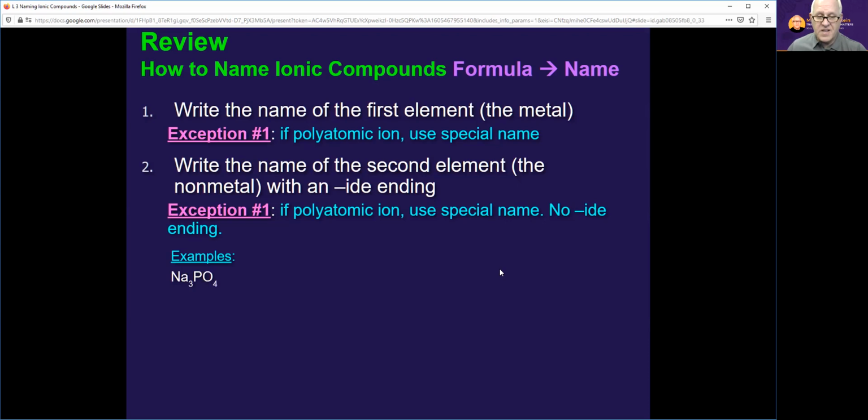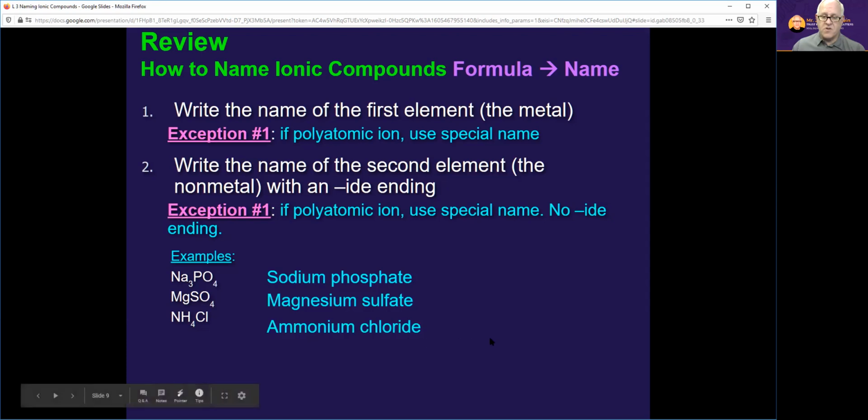And some examples, NaPO4, MgSO4, NH4Cl. And those gave us sodium phosphate. We've got our sodium, PO4 is phosphate. Mg, you got magnesium, SO4 is going to be sulfate, and NH4 and Cl, this is going to be ammonium chloride.